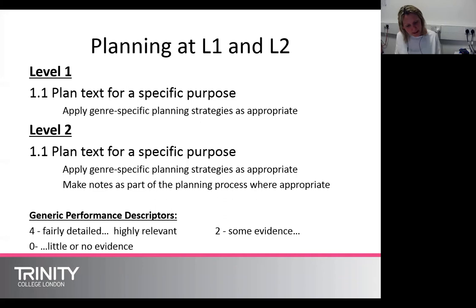So taking into account the purpose, context, and audience, using different techniques for planning, things like brainstorm, notes, diagrams, flowcharts, deciding on when planning or drafting is appropriate and when it's necessary, and then planning and drafting, redrafting as appropriate. So that's what the amplification says for level 1.